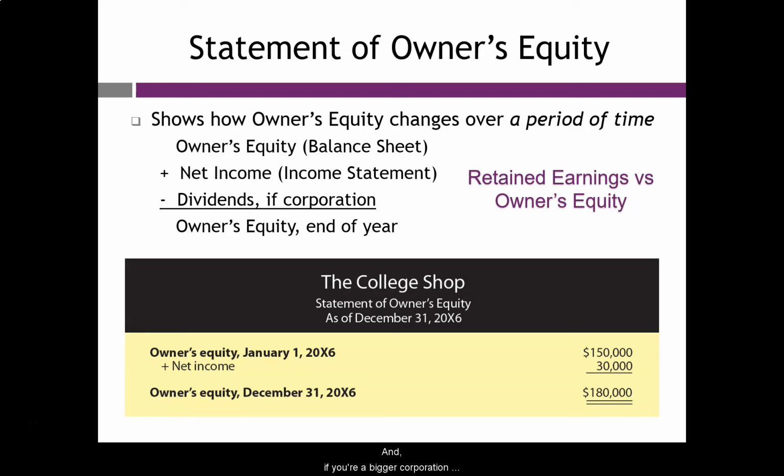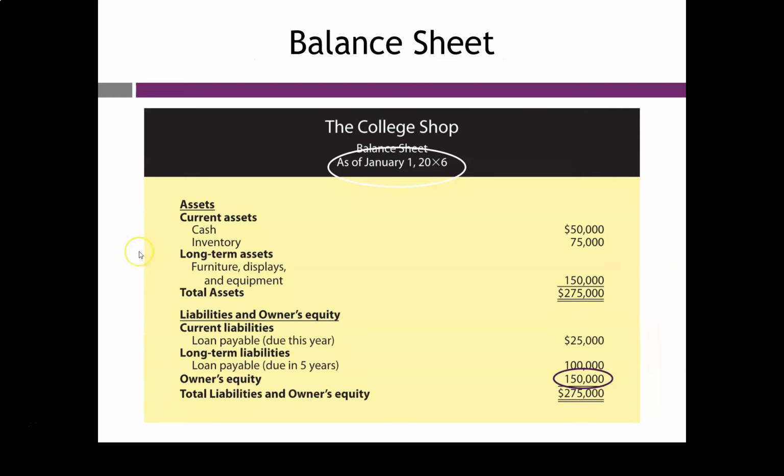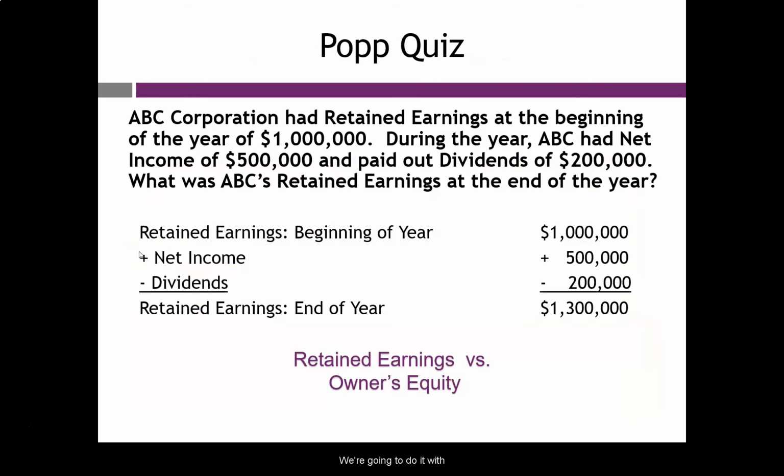So the statement of owner's equity is really as simple as that for a small group like the college shop. And if you're a bigger corporation, okay, you'd have to say, did we pay out any dividends? So I'm going to show you an example of a bigger corporation. And we're going to do it with a quiz, another pop quiz, which means we give you the answer, right? So ABC started the year with $1 million in retained earnings.